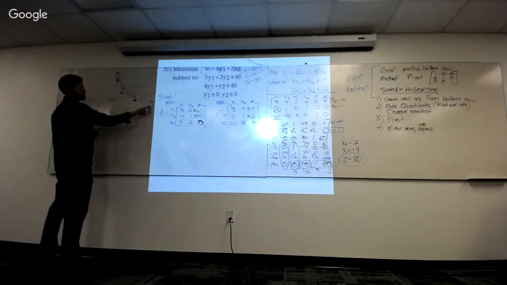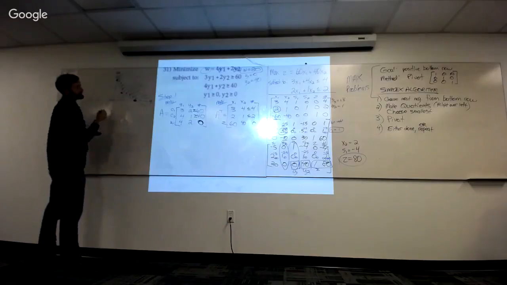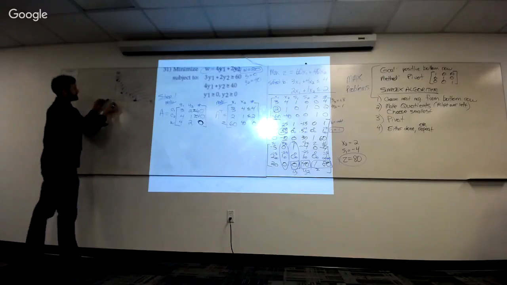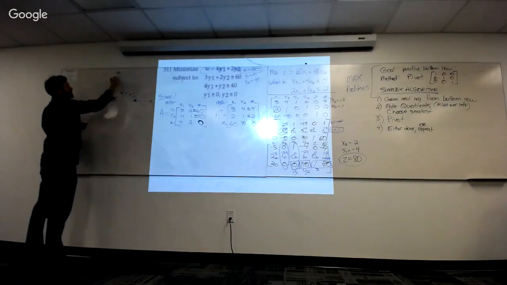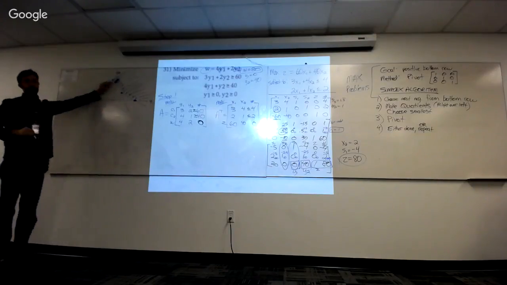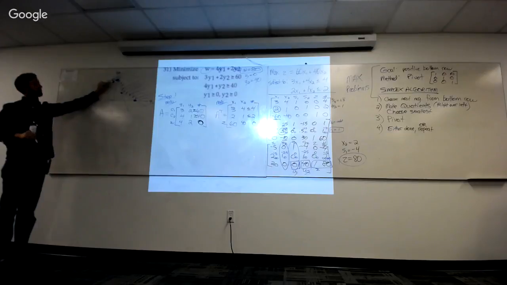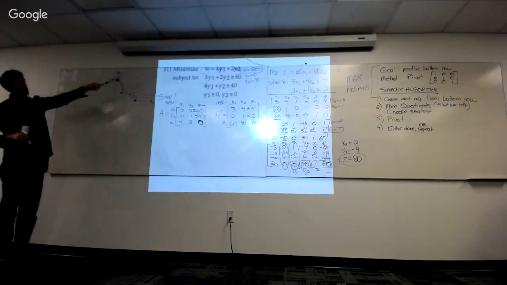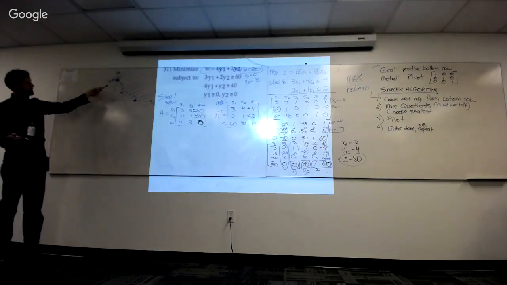Always the first variable is the x-axis, the second variable is the y-axis. So what we have here is that y1 is 0 and y2 is 40. So it must be this was the corner point that we were talking about. Remember, I did start off by graphing what that would look like, and sure enough, it was one of the corner points.